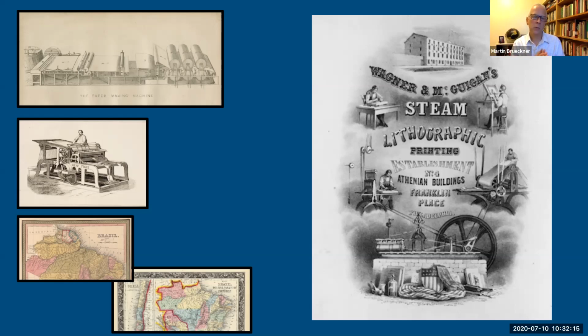Places like Wagner and McGuigan were in Philadelphia, near Chestnut Street or Spruce Street. One example is Peter Duval, another famous engraver of the period who had his own printing house. He had a similar setup where, I think the moment he shifted from manually powered printing presses to steam powered printing presses, he actually had a party for all his employees and for all his family and friends.